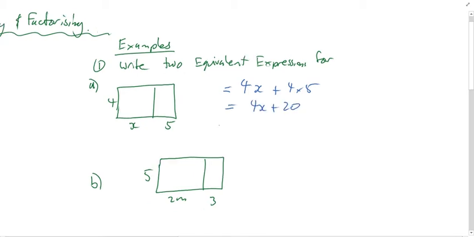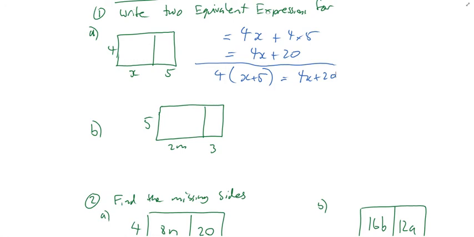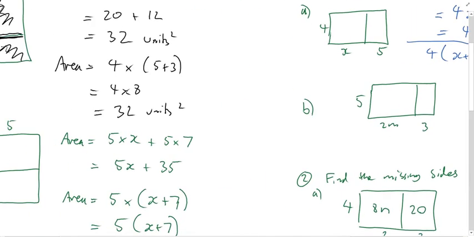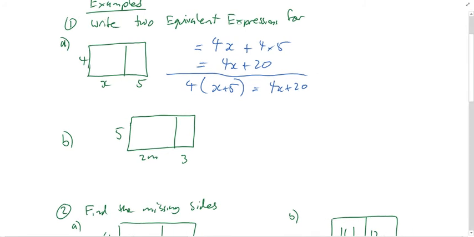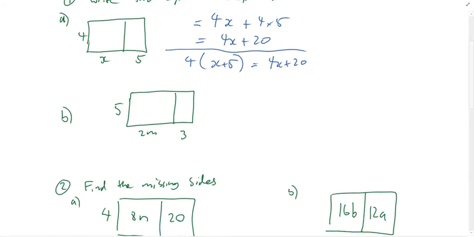Or I could say that is 4 times (x plus 5). Okay, and so those two things are equal to each other, 4x plus 20. And you can see it's just reinforcing what we're learning over here by looking at it in different ways, kind of get relational with it.